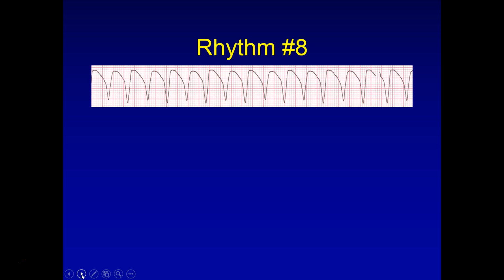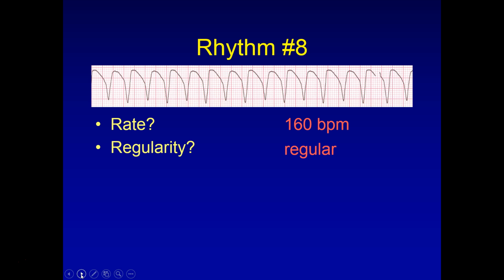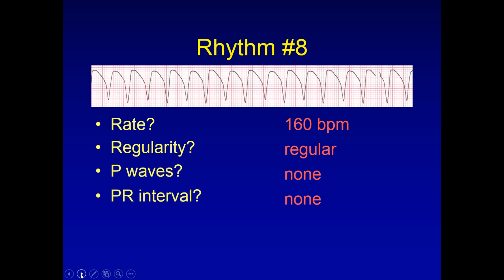They'll be pulseless. So what you have here is a ventricular rate of 160, and it's regular. P waves are none, so I have no PR interval. My QRS duration is what? Too wide.